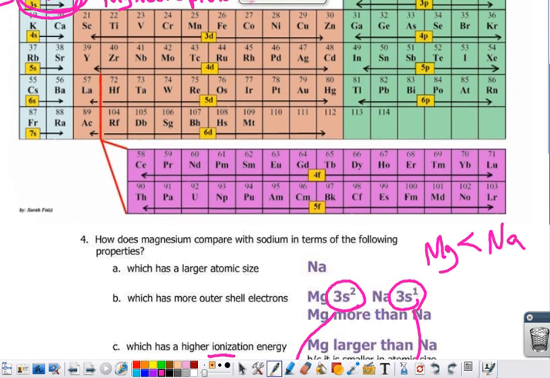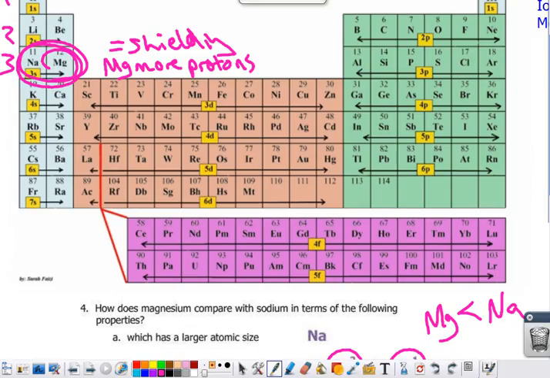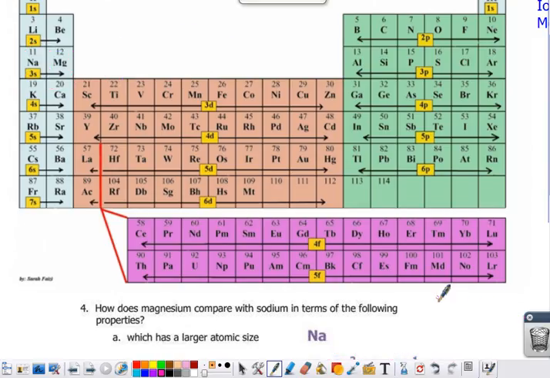And so magnesium and sodium have 11 and 12 electrons there. And so 11 and 12, which of these noble gases is it closest to becoming? Is it closer to becoming like neon with 10 or to argon with 18?